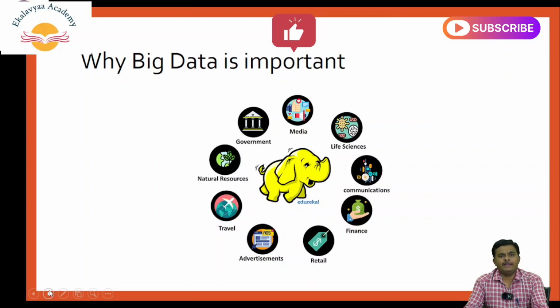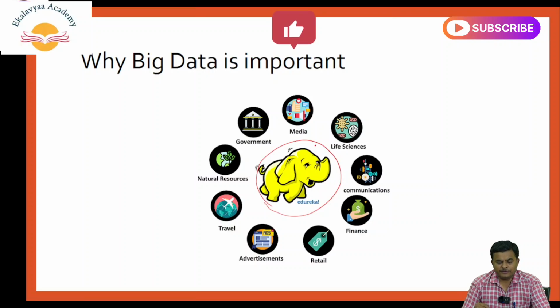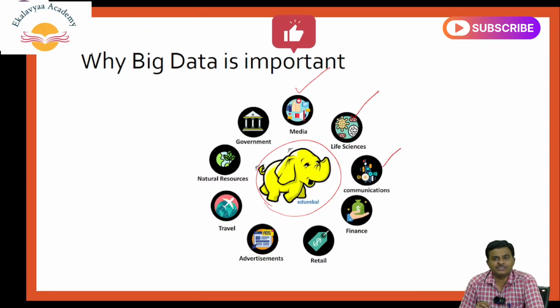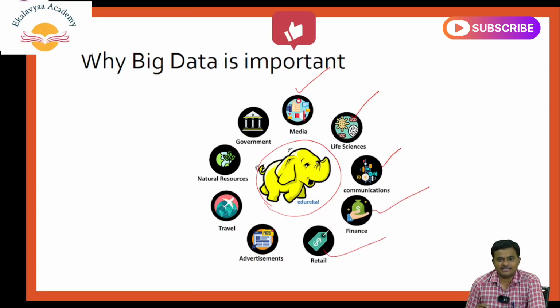Now, why is big data important, or why do we have such hype on big data? We have several application areas where big data is being implemented. Examples: media, which we can simply call social media. Next, life sciences, so genetics and biotechnology information can also be retrieved. Next, telecommunications, finance, retail, like online shopping.